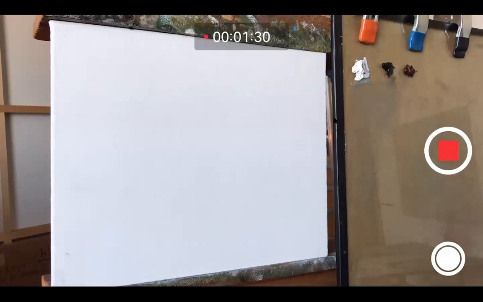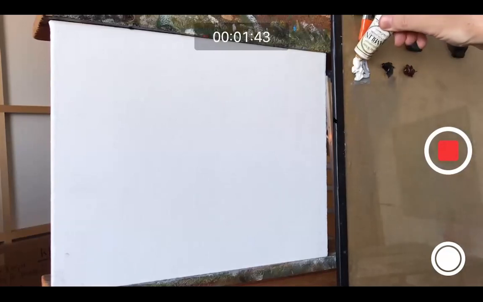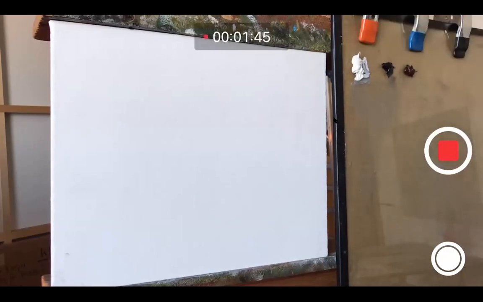We'll talk more about these different kinds of colors. Transparent red oxide is a red that's often referred to as an earth red. And when a color is referred to as an earth color, it literally means it comes from the earth.